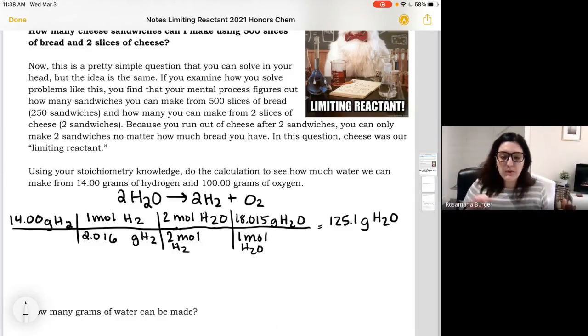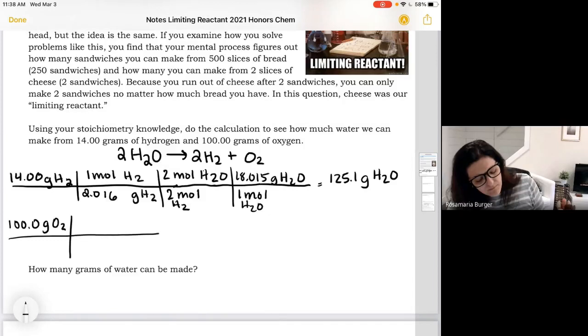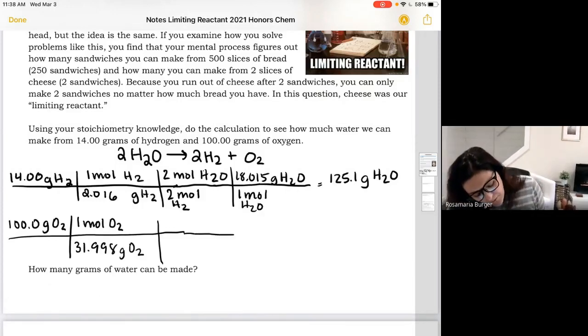Now let's see how much we can make based on oxygen gas. We were given 100.0 grams of O2. For every 1 mole of O2, there are 31.998 grams of O2. And for every 1 mole of O2, you know what I just realized?